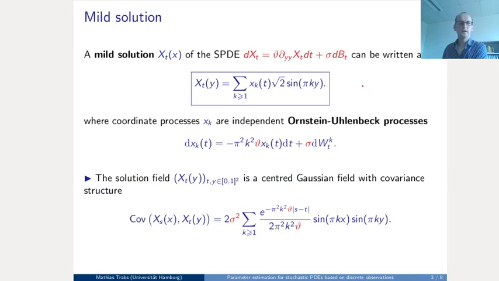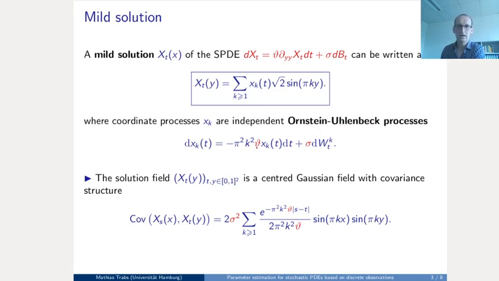In order to understand what we are facing, if you're not so familiar with SPDEs, you can imagine this object as an infinite dimensional SDE, and doing so we obtain this representation as an infinite factor model where we take the eigenfunctions of the Laplace operator as a coordinate system, and then in each direction we have a coordinate process small x_k whose dynamics are given by an Ornstein-Uhlenbeck process.